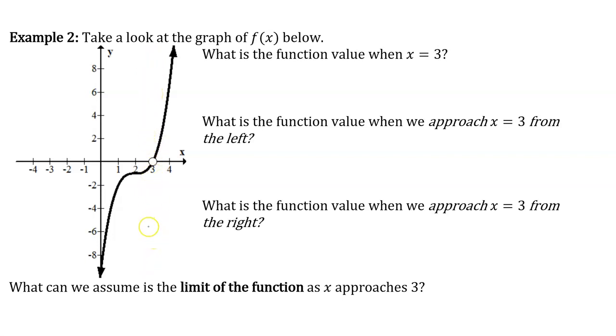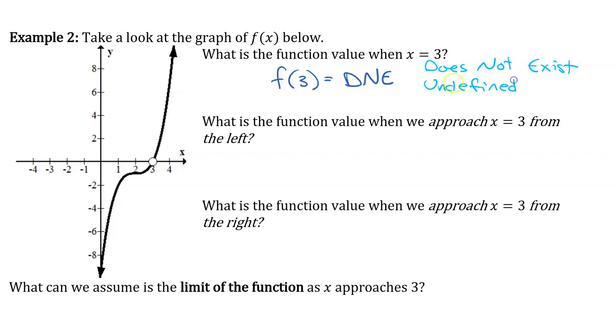So there's no actual point here. There's just the hole. So our function, when x is 3, is DNE. That is, does not exist. Also sometimes known as undefined. Both would be correct.